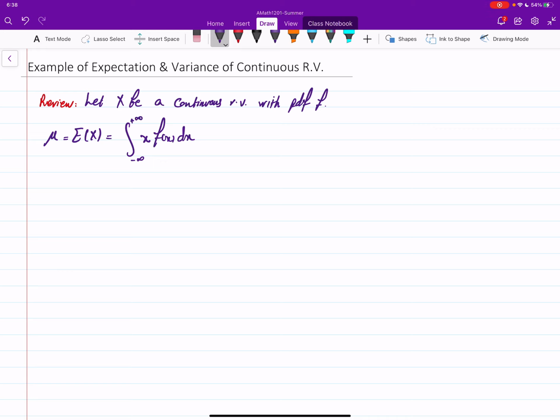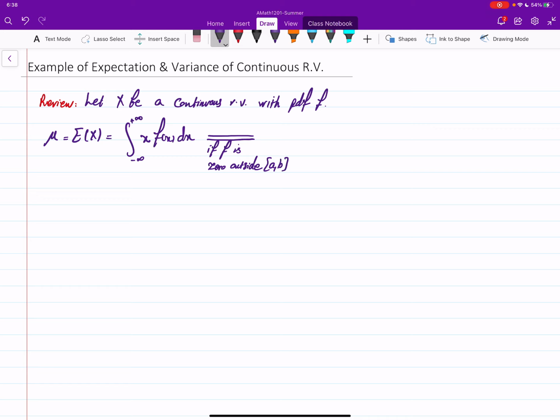Well, you may ask what do you mean by negative infinity, plus infinity limits for the integral? Usually, the PDF function for this course is 0 outside an interval a to b.